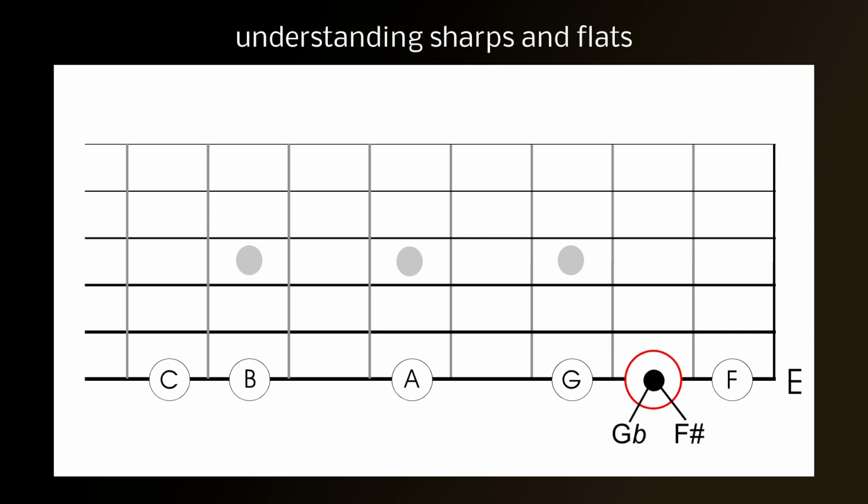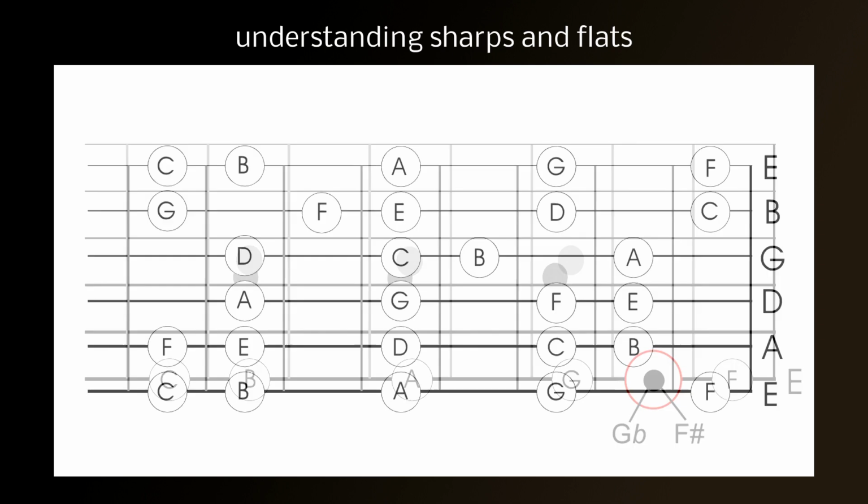If you take the F up by 1 fret, it becomes F sharp, and that is in the 2nd fret. However, if you take the G down 1 fret, it becomes G flat. This is also in the 2nd fret. This means you can have one note or one chord with two potential names, and that name would be decided by the key signature, but this is a lesson for a later date.